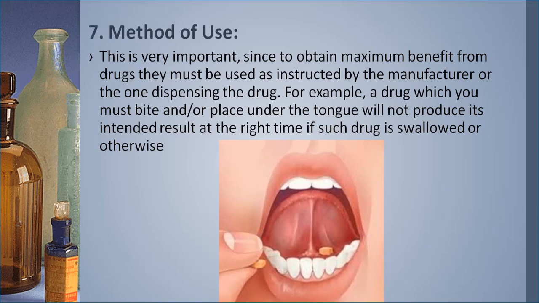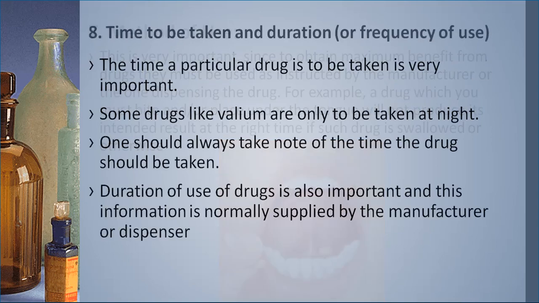Assuming the patient is supposed to apply a medicine to the face, and we didn't tell them, and they apply it on their hands, it wouldn't work. So the method of use is very important. For medicine to provide its needed effects, we should tell patients how the medicines are supposed to be used.